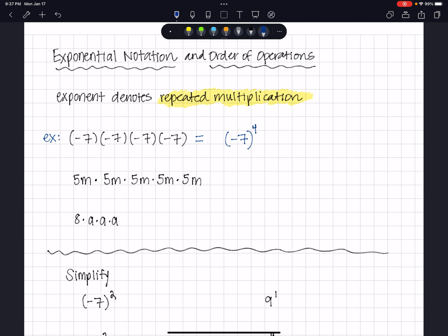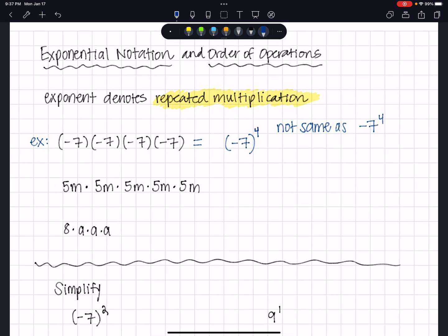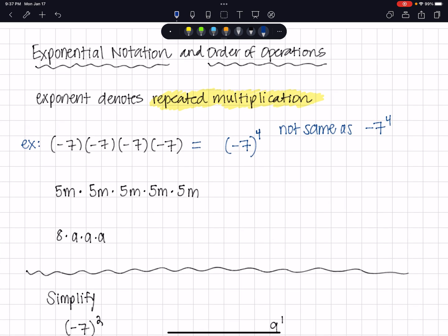Now, this is very different than, so I'm going to say it right off the bat, this is not the same as -7 to the 4th power. -7 to the 4th power without the parentheses is the same thing as -1 times 7 to the 4th power.